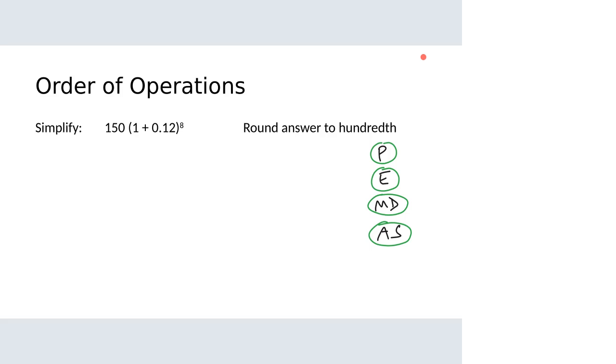So if we want to simplify this, keeping order of operations in mind, the first thing we need to do, well, I've got parentheses. I do have work to do here inside parentheses. Sometimes parentheses just help keep things organized. Like when we do principal times rate times time.